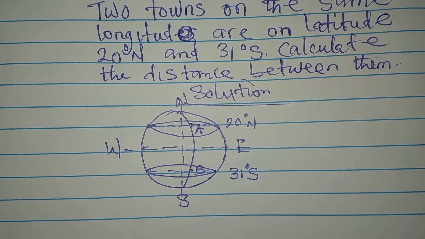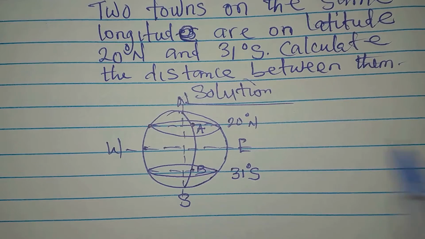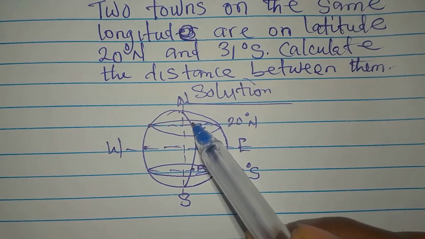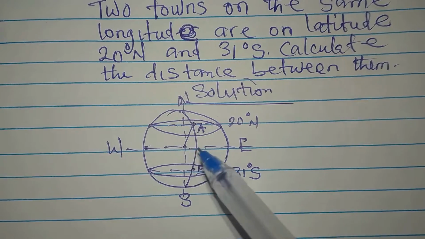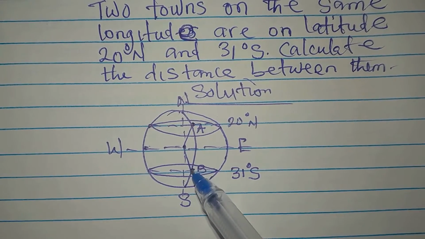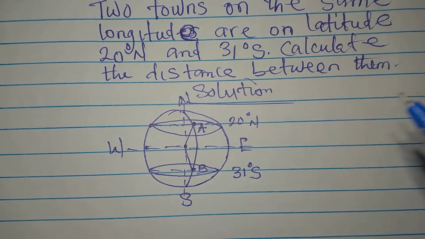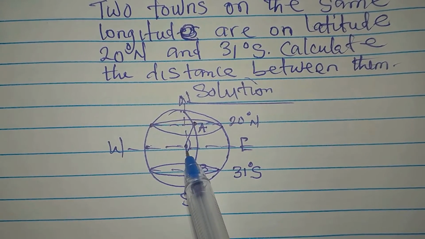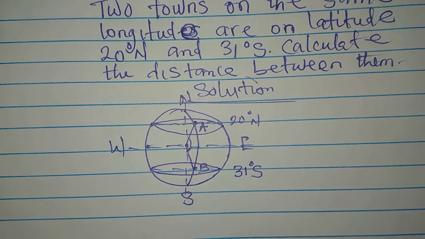We already have a formula to use, but then we are going to have an included angle. Remember that this is like the center. We can get this and then connect this to the next position, or to the next town. So this angle here is what we are going to find. That is the angle that will be needed in the formula.